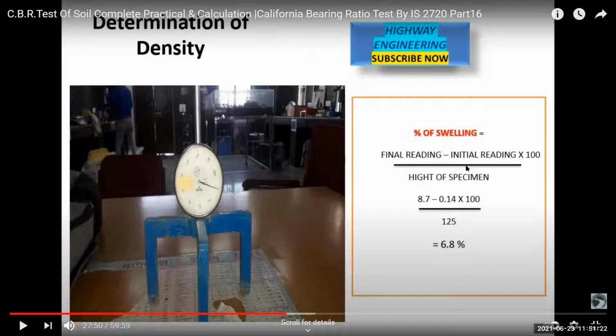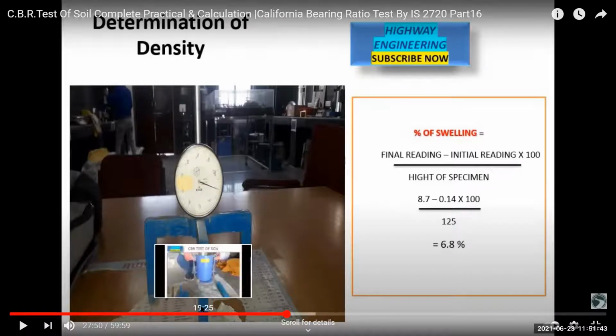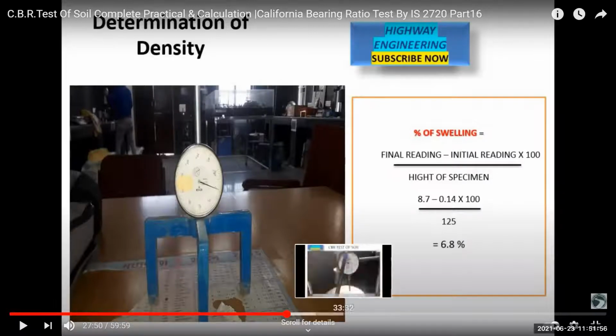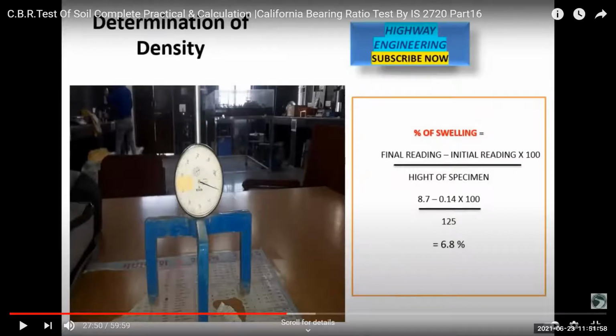If we divide it by the height of specimen, basically the total height of specimen is 175 mm, but below the specimen we also provide an annular ring of 50 size. Also we provide filter paper. So basically 50 size will be covered by our annular ring. So only 125 size is left. So here percentage of swelling is 6.8%.